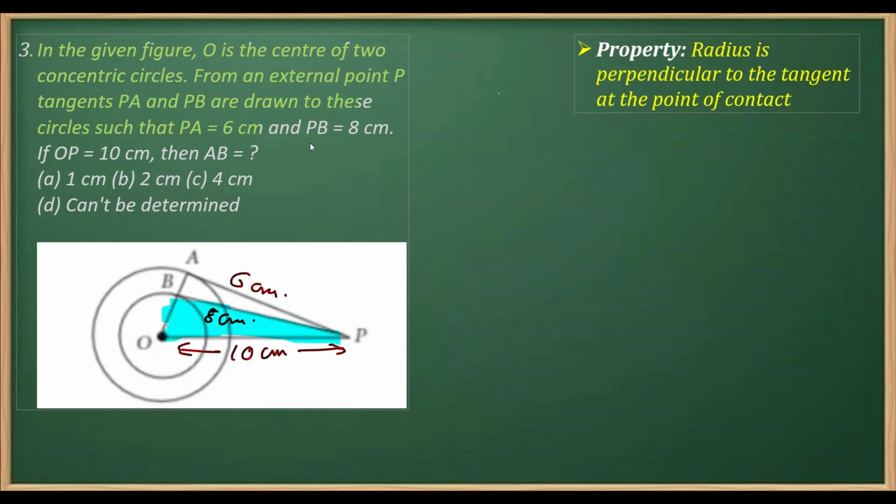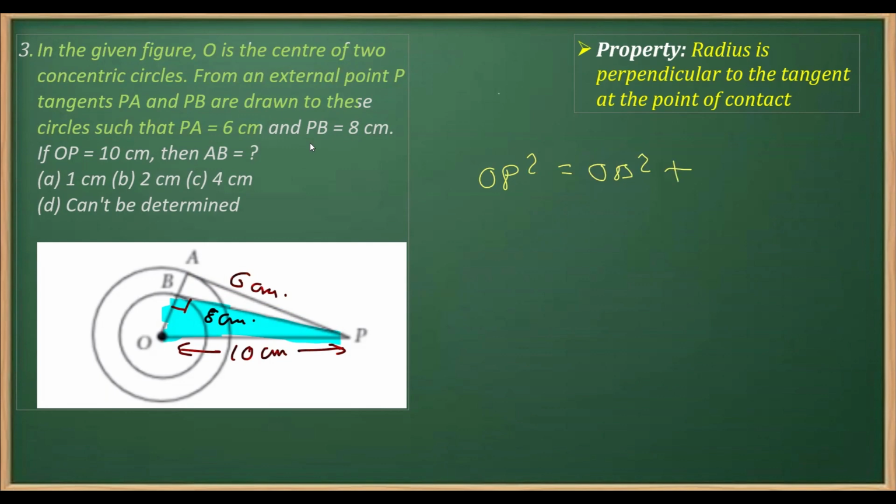We'll be applying the property that the radius is perpendicular to the tangent at the point of contact. So here this angle is 90 degree. Applying Pythagoras, the square of the hypotenuse is equal to the sum of the squares of the other two sides.